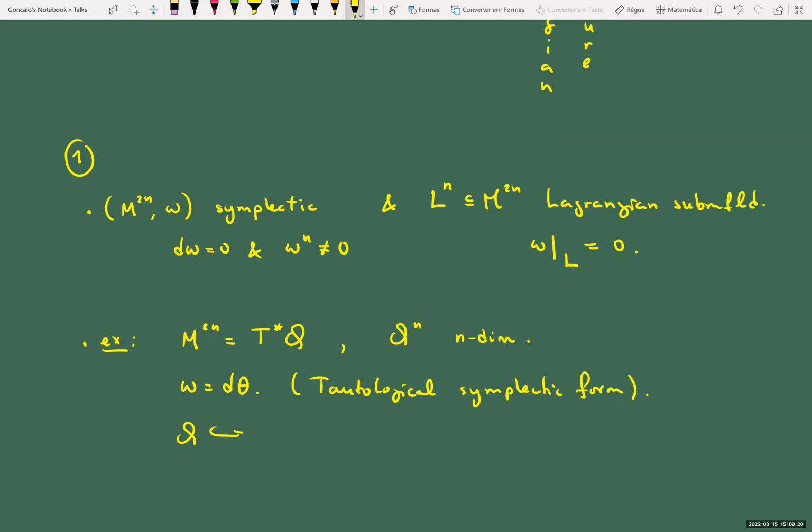So Q inside T star Q as the zero section is a Lagrangian submanifold.